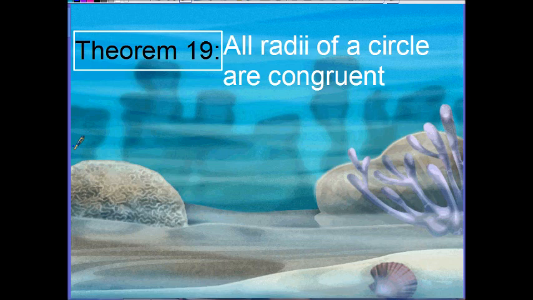This theorem states that all radii of a circle are congruent. So if I have circle A and more than one radius, I can say that AB is congruent to AC, the reason being all radii are congruent.